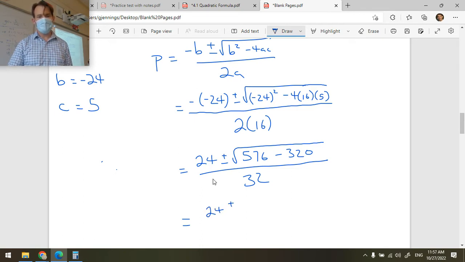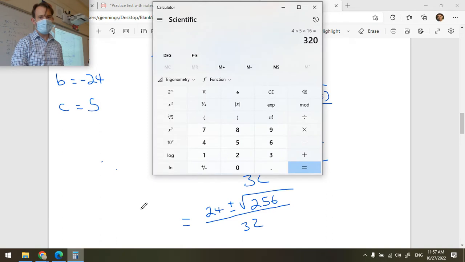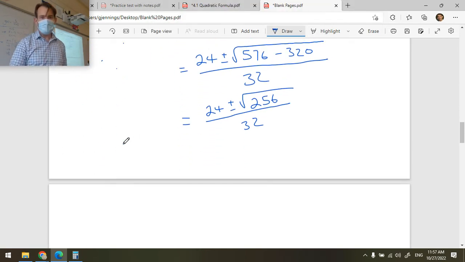24 plus or minus the square root of 256, all over 32. Well, the square root of 256 is just 16. So how do I know that? Well, let's check. I have 256. I take the square root. Oh, it's just 16. So now we have another line.